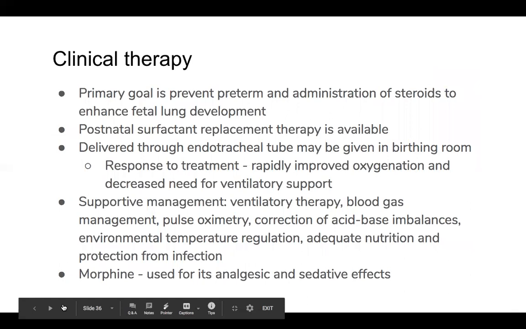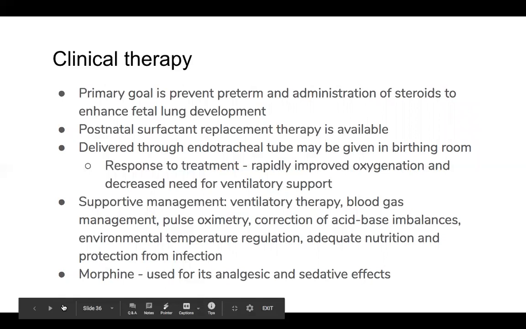Clinical therapy. Again, the goal is to get those antenatal steroids into mom prior to delivering, at least 2 doses. Getting that surfactant in, delivered via the ET tube, and then supportive management, maintaining the blood gases, pulse ox, correcting any acid-base imbalances, temperature regulation, nutrition, and infection.